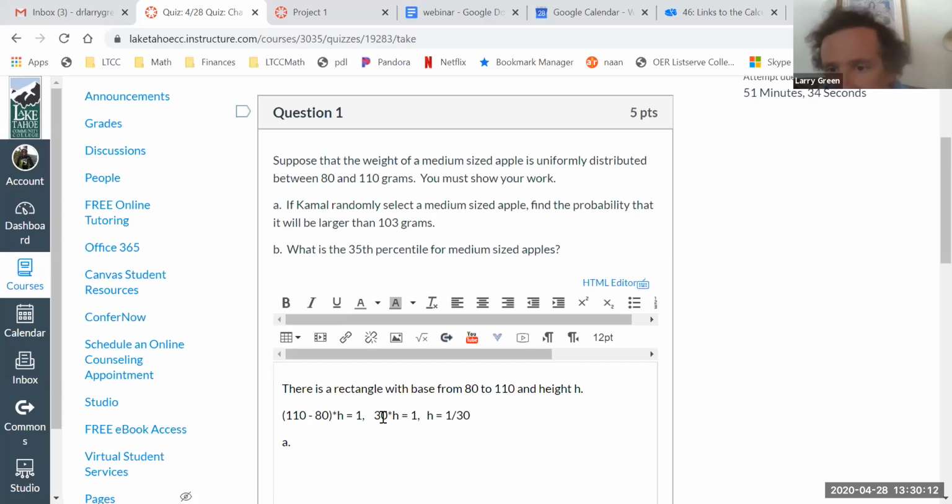Okay. So now we were saying Kamal randomly selected a medium-sized apple. Find the probability that it will be larger than 103 grams.